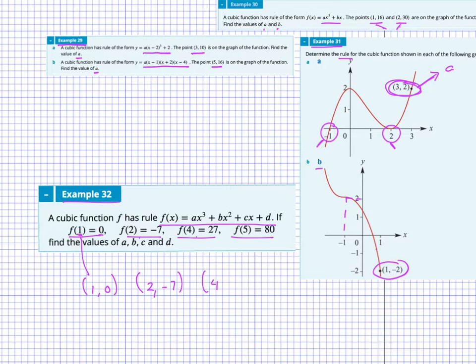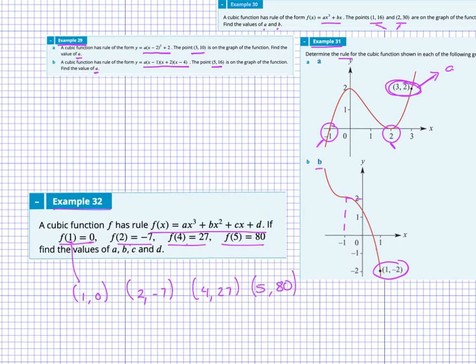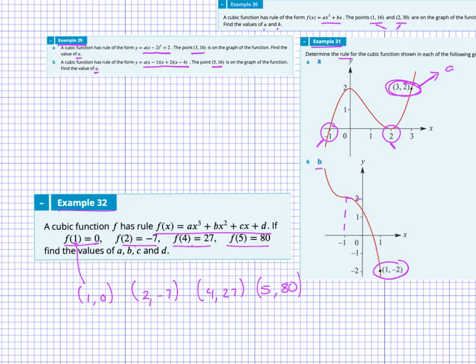The next point is (4, 27), and the next point is (5, 80). So you notice that they've given you 4 points of information and you're being asked to find 4 variables. All right, so that fits with what we know. This one we'll come to do on our CAS. We're not expected to do it by hand at all, so don't stress about that.